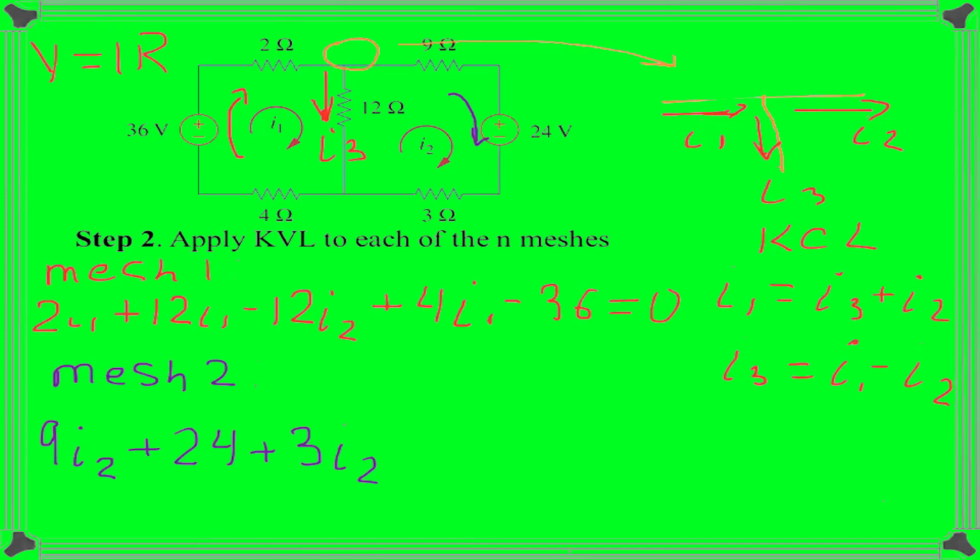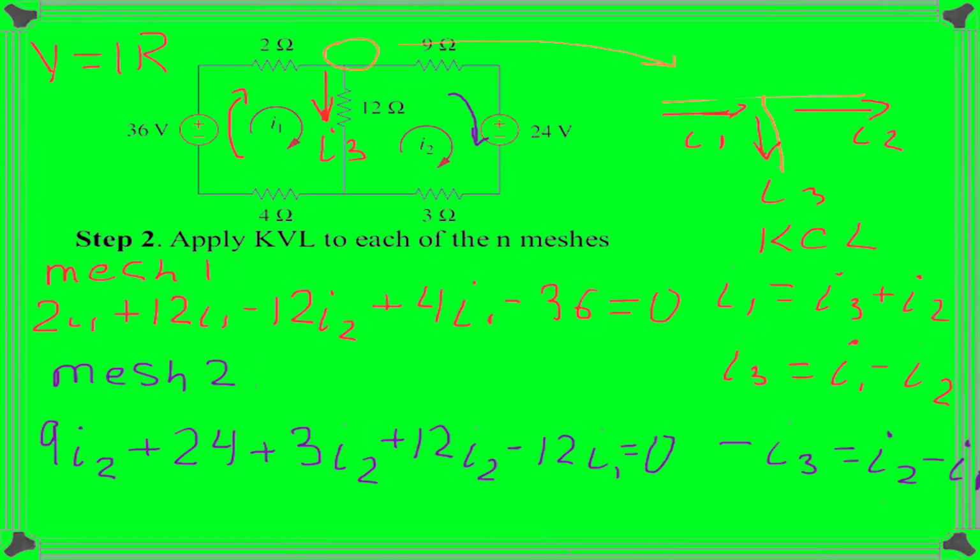We can write negative I3, because this is what we're supposed to do, which equals to I2 minus I1. So we can say that the next component will be positive plus 12 I2 and minus 12 I1.